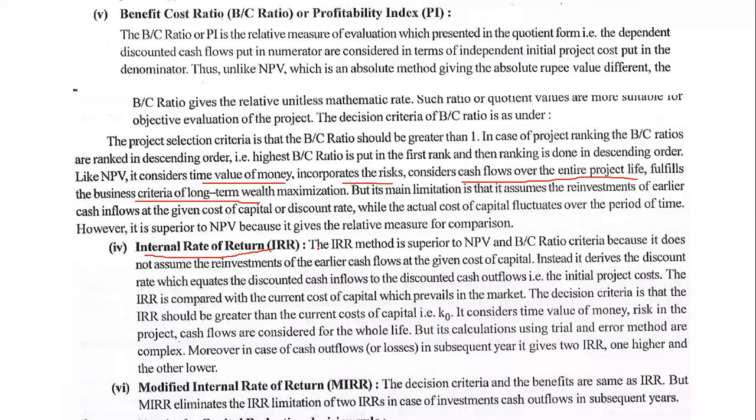The IRR method is superior to NPV or the benefit cost ratio, because it does not assume the reinvestment of the earlier cash flow at the given cost of capital. Secondly, instead it derives the discount rate which equates the discounted cash inflow to the discounted cash outflow.